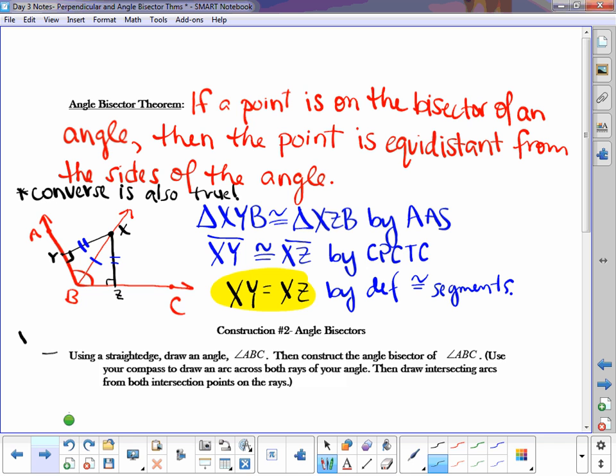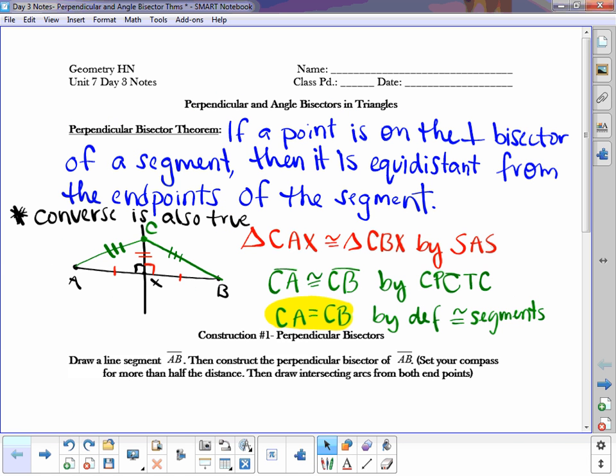Okay, let's bust out the compasses and go back to perpendicular bisectors. Thank you. Yeah, let's go with that. Which one is it?